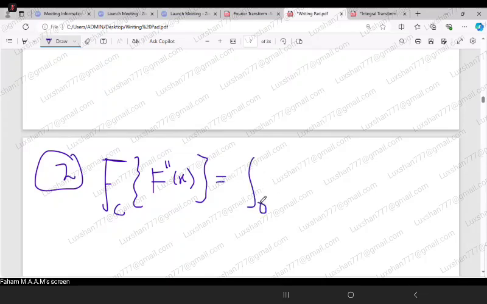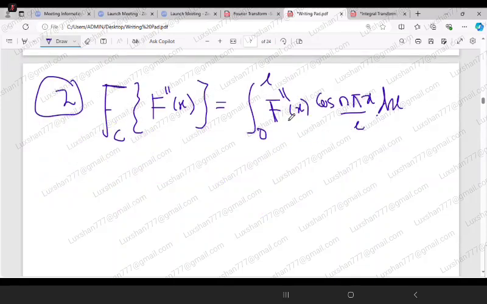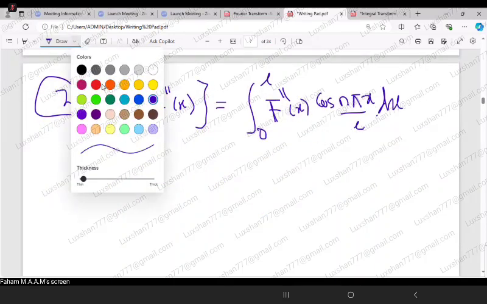So that is 0 to L f double dash x into cos n pi x over L. Since it's a second order derivative, I will do the same thing twice.